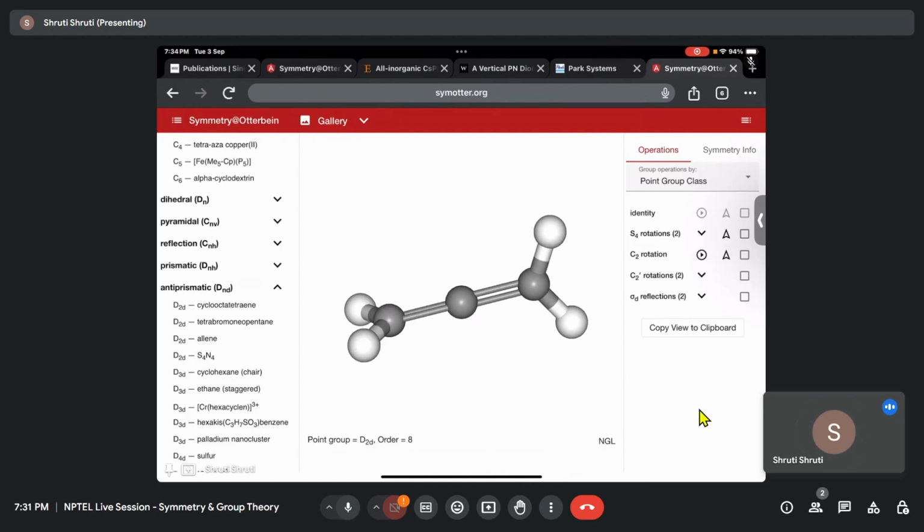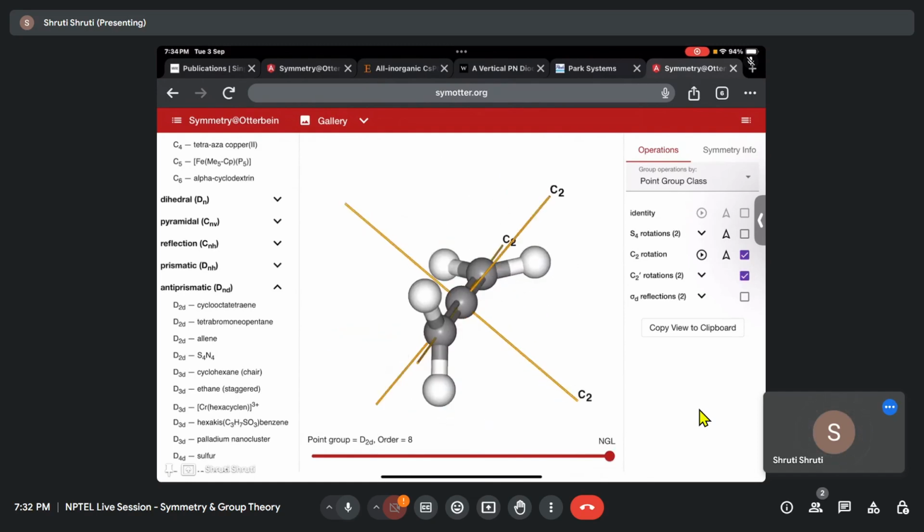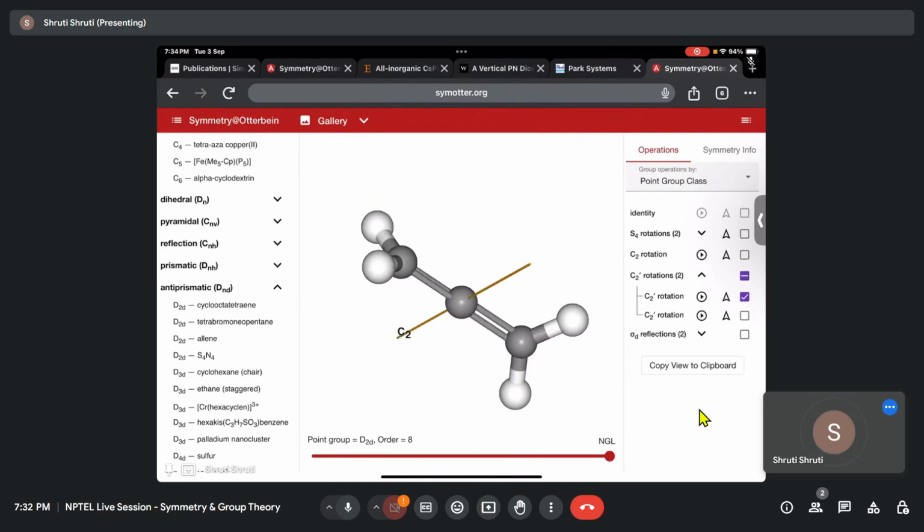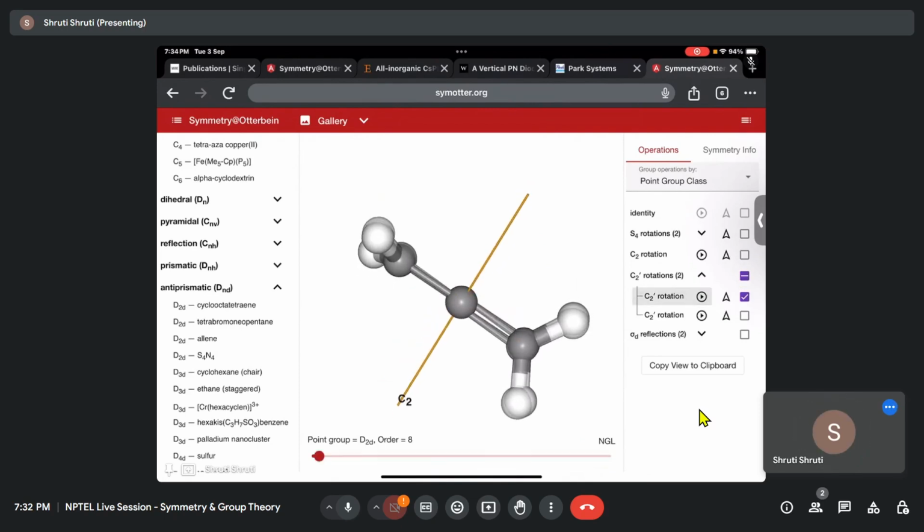Now D2d will have a C2 rotation along the double bond axis. Can you see this? And we have a C2 dash going through the central carbon atom.